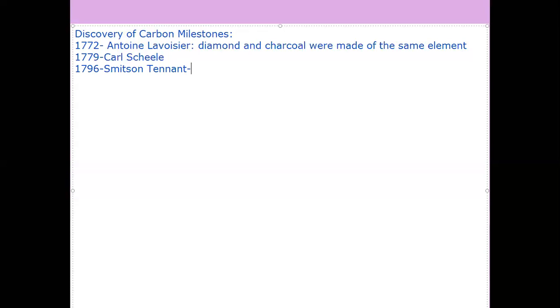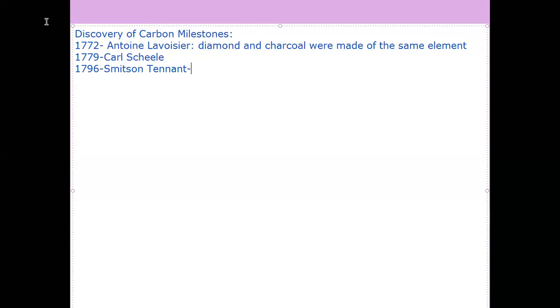Lavoisier had said diamond and charcoal were the same element, carbon, but Smithson Tennant established diamond was pure carbon and not a compound of carbon. It burned to form only carbon dioxide.